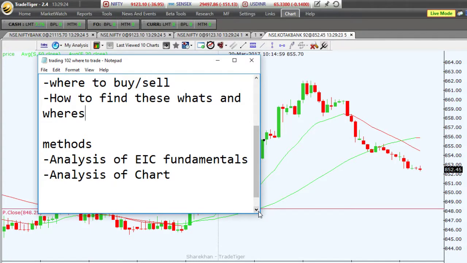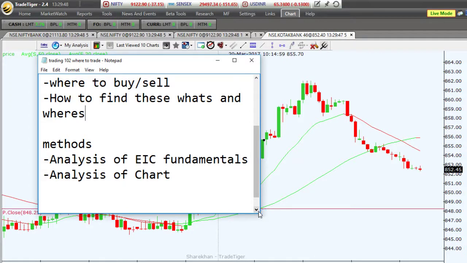The fundamentals include the actual ground scenario of the things we want to buy, may be stocks, commodities, even FNOs.